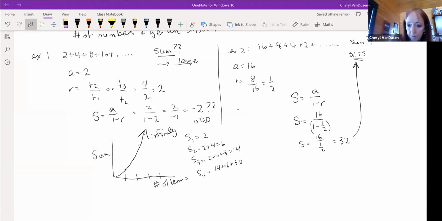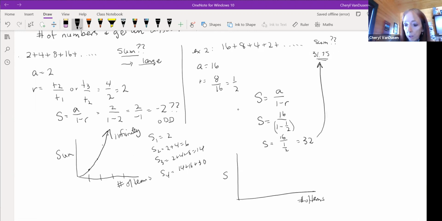If we graph this side, same thing: the number of terms that we're adding and the sum. Let's have a look at what happens here. So S1 is 16, S2 is 16 plus 8, or 24. S3, I'm just going to get smarter, 24 plus 4 is 28.